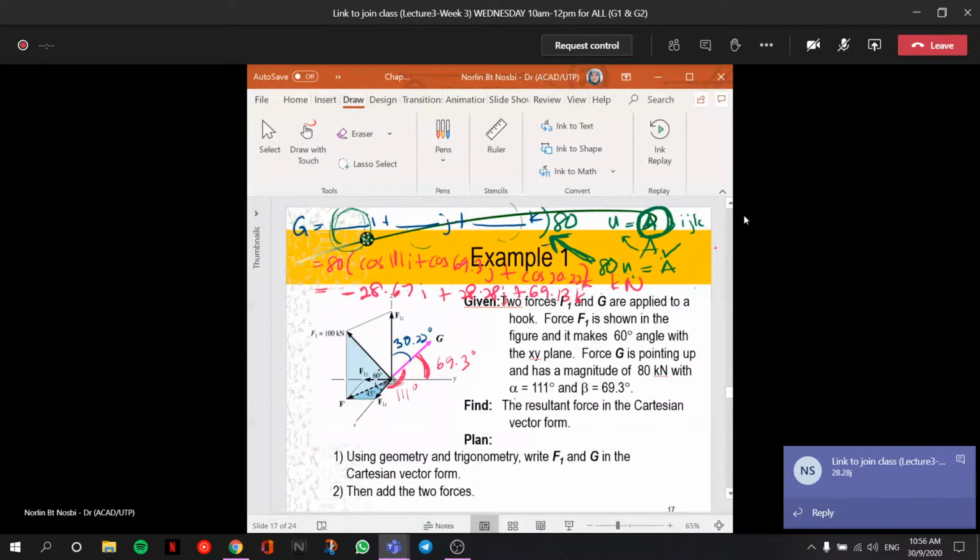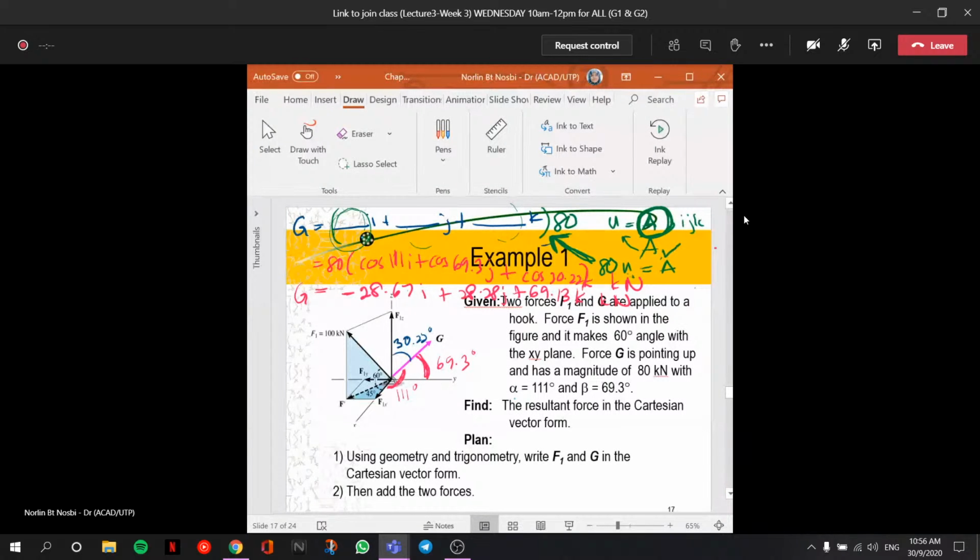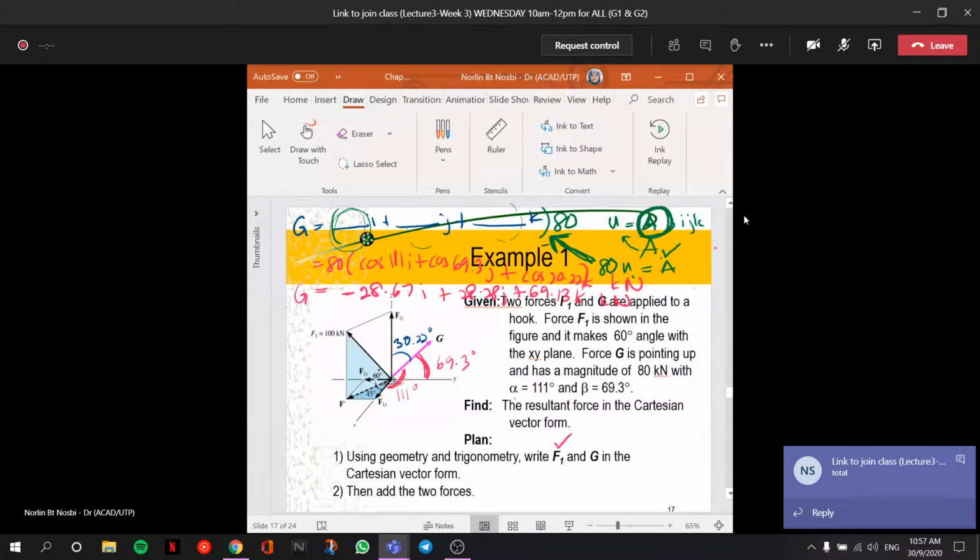So now you know the position for G. Next step, you need to find what? Now you know F1 and you know G, so you need to find the total, which is the resultant force.